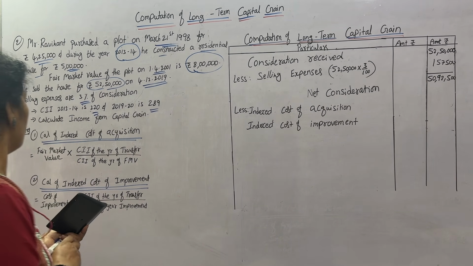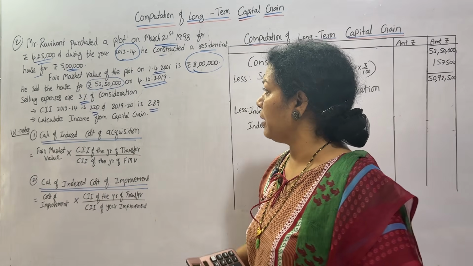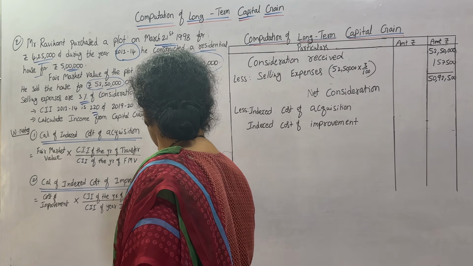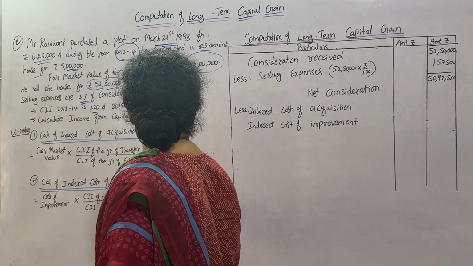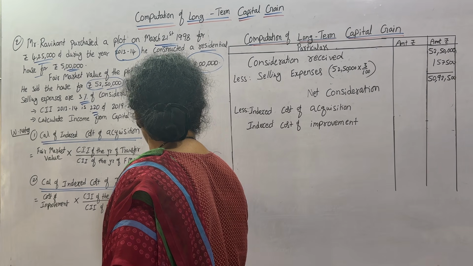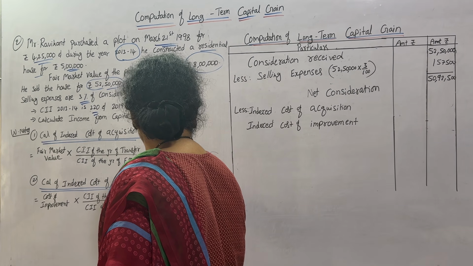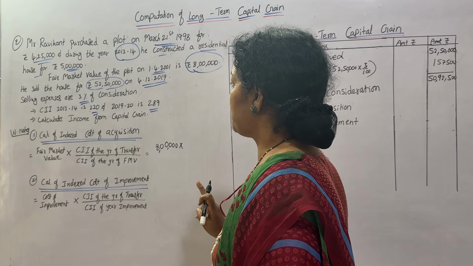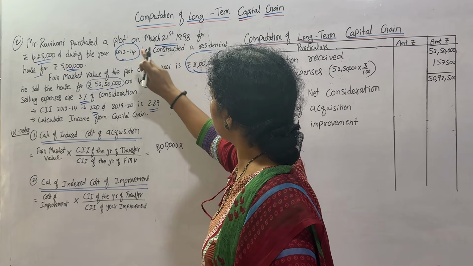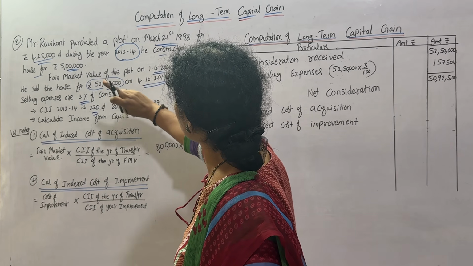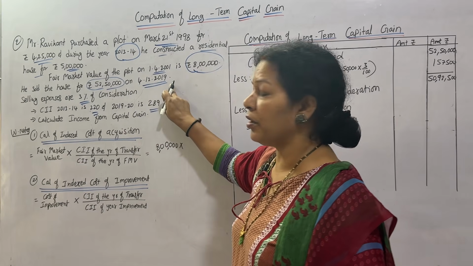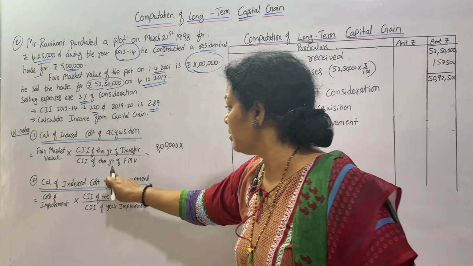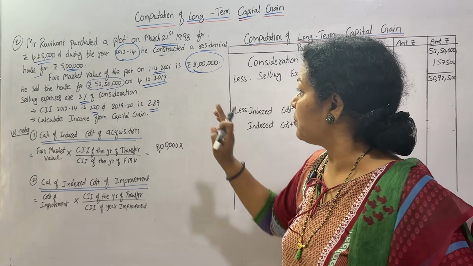Now the formula is fair market value, which here is 8 lakh, into CII of the year of transfer.